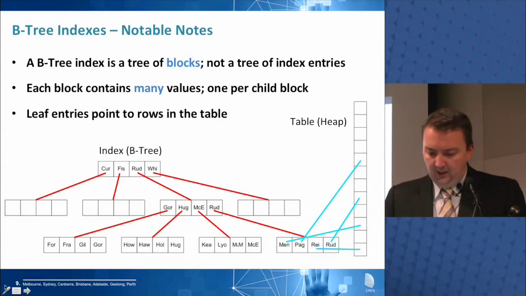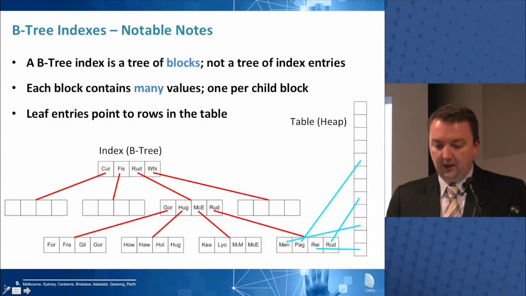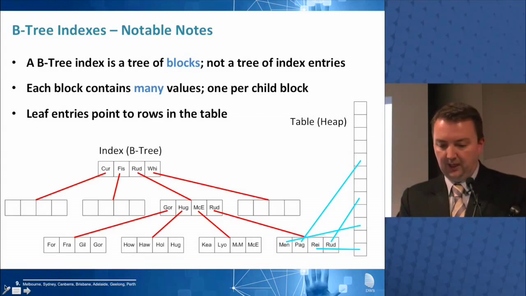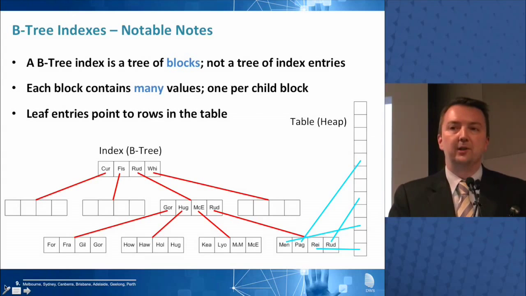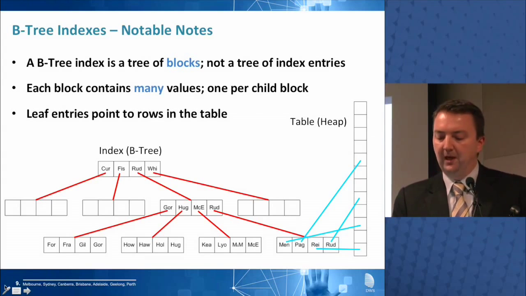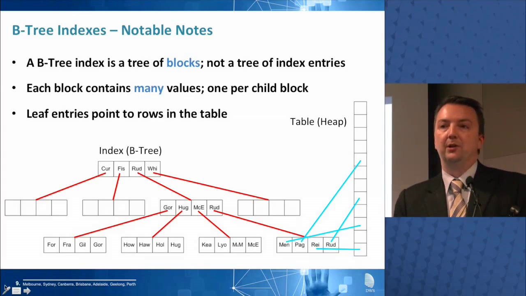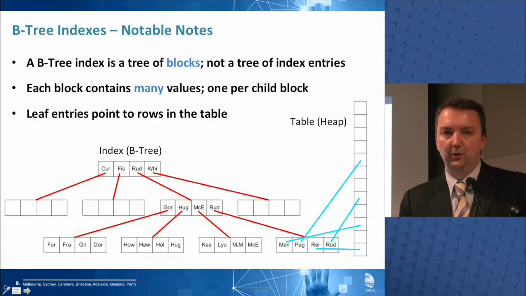So how does this work? How is the B tree different from the binary search tree that we looked at before? Each node in the B tree is a block.